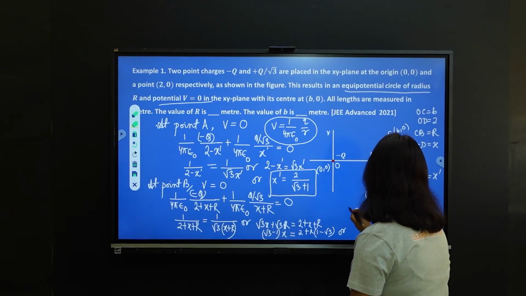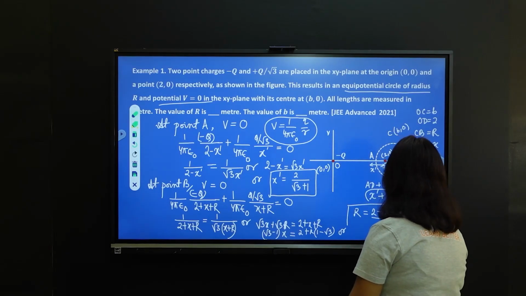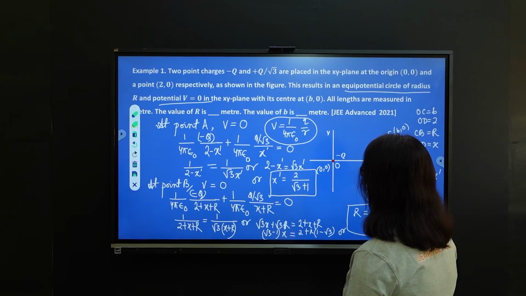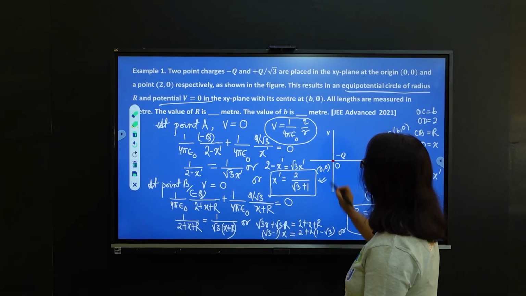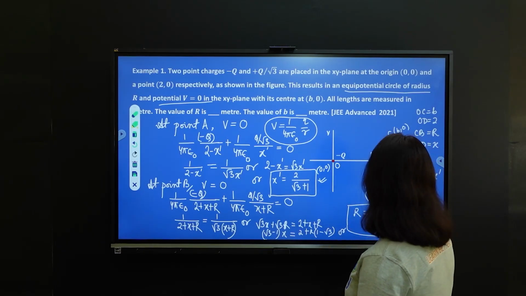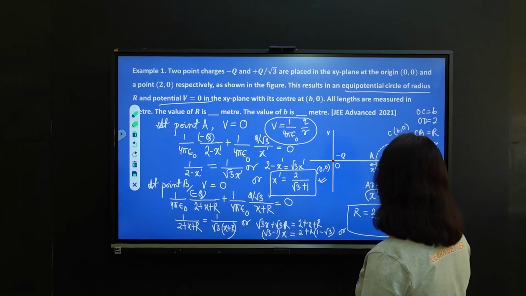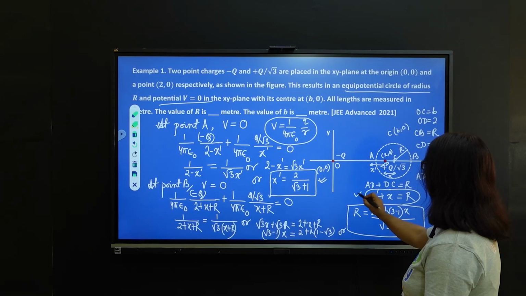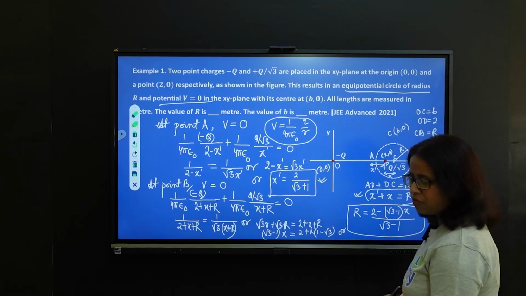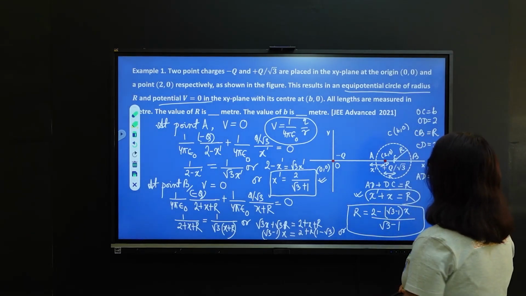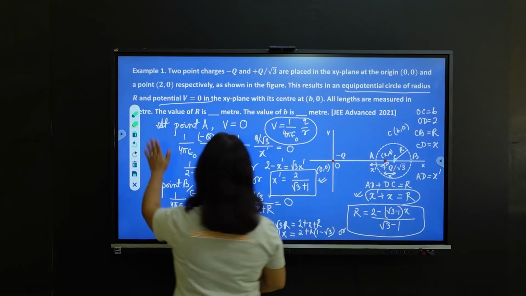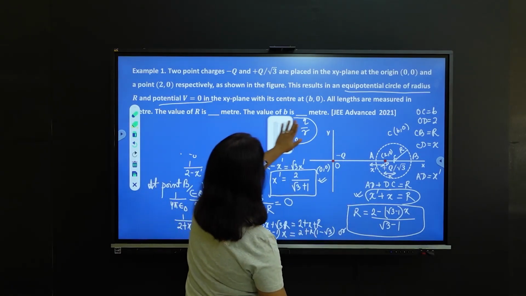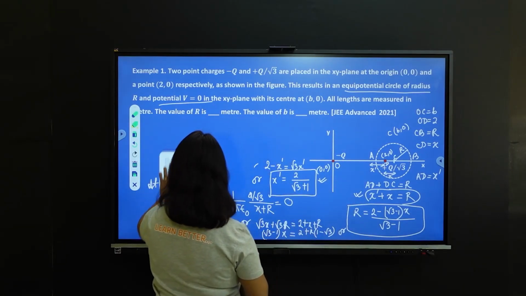So this is r that we get. So we already have the value of x dash and we now have the value of r. Let's substitute these values in this particular relation to get the value of x. Let's work this out.